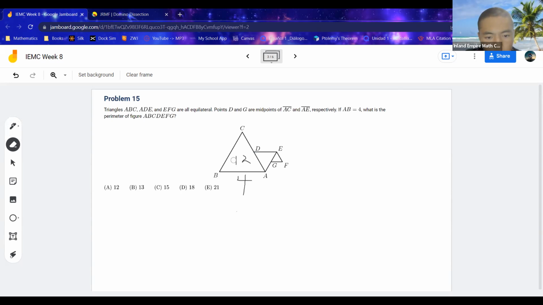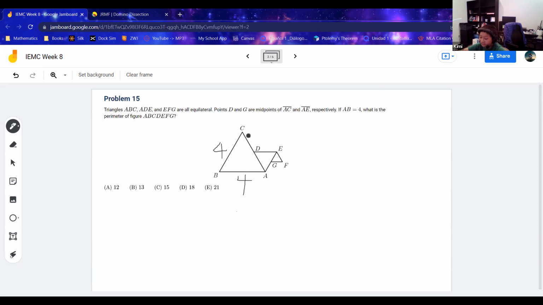Let's start off with the fact that it's equilateral, shall we? If it's equilateral and AB is 4, what is BC? BC is 4, right? And we also know that AC is 4, right? And since D is a midpoint, can anyone tell me what CD is?